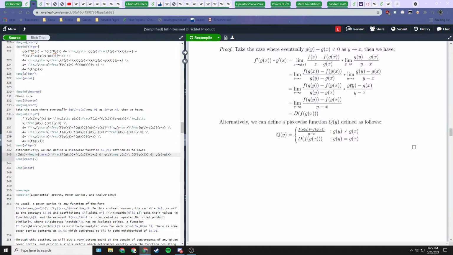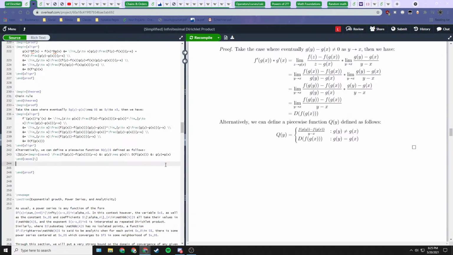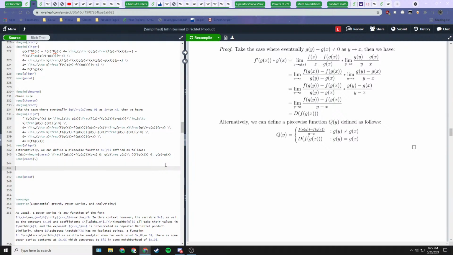The way to prove that is, we can solve this limit first: the limit as y goes to x of q of y is just equal to d of f of g of x.